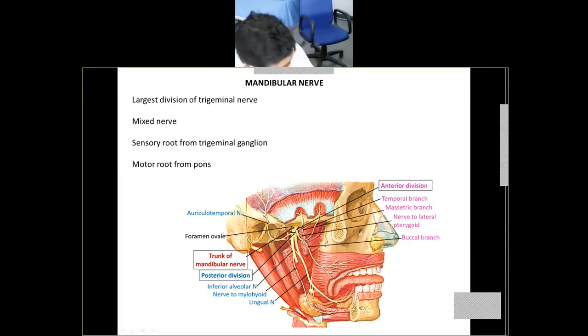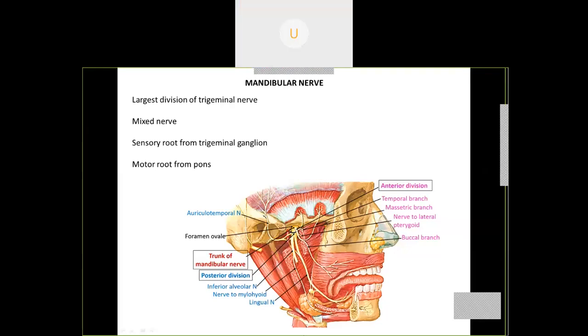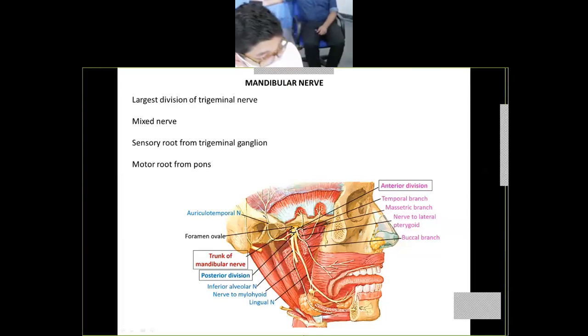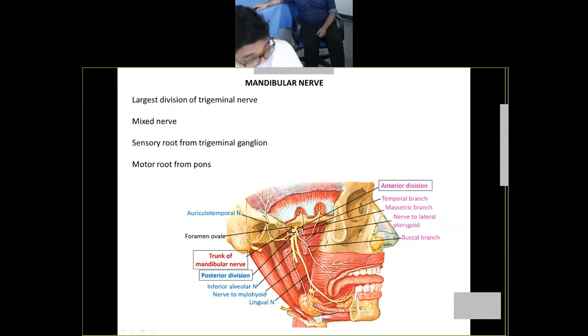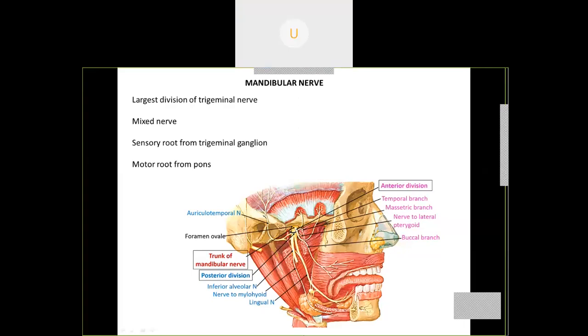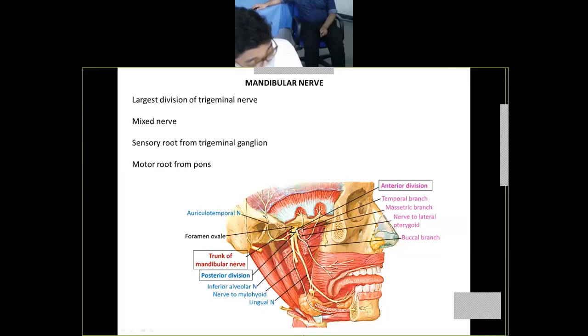Understood? Have you heard the names of these ganglions earlier? Yes, sir. See, all these ganglions: the ciliary is functionally related to the third cranial nerve. What is the third cranial nerve? Oculomotor. So the ciliary is functionally related to the oculomotor nerve.